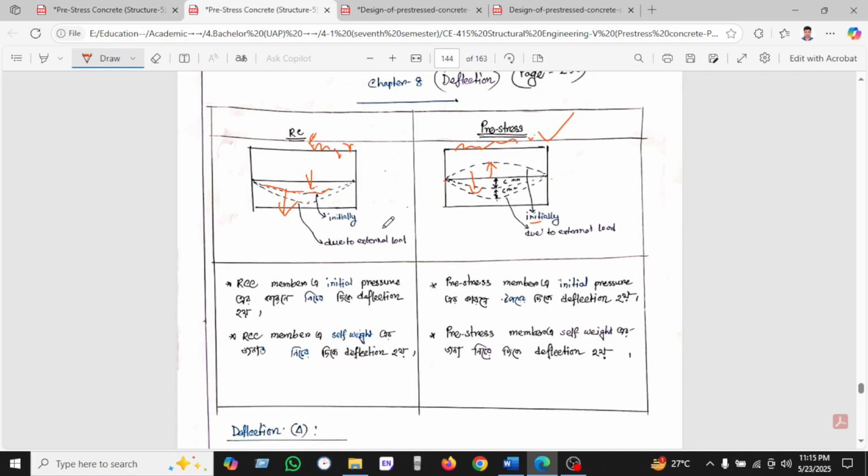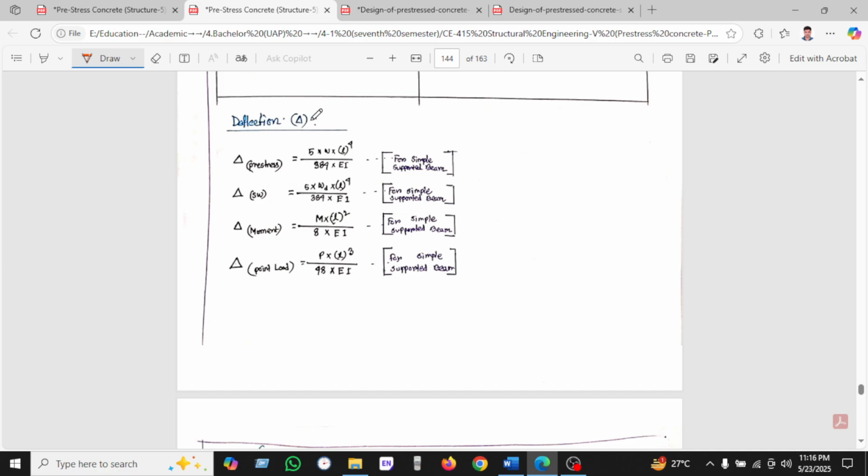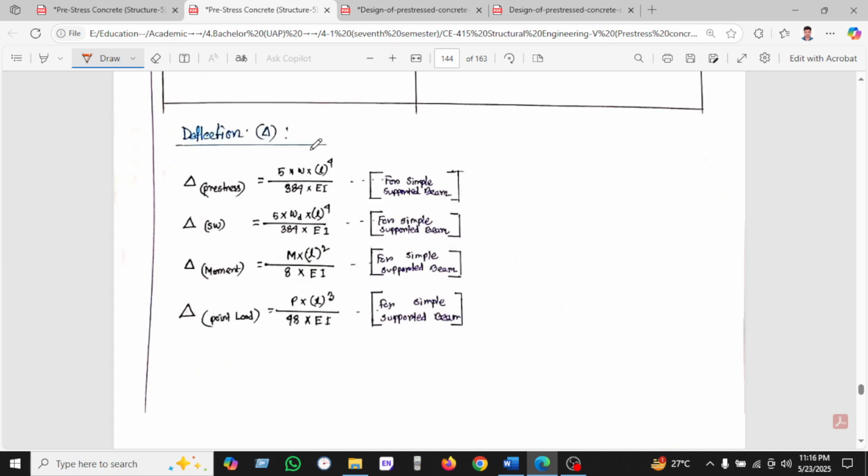Okay, so let's see some deflection formulas used in this chapter. The deflection due to prestress is given by 5WL to the power 4 divided by 384EI, and for self weight UDL on a simply supported beam, the formula remains the same, 5WL to the power 4 over 384EI.